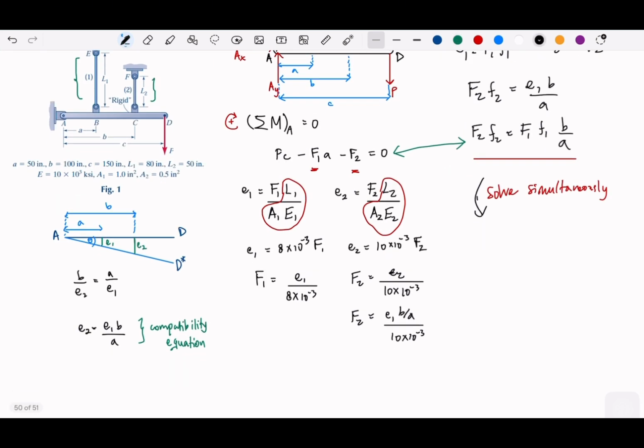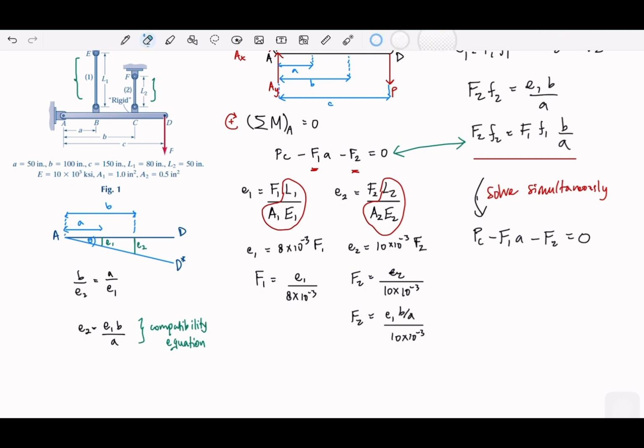So we get the P, let me write PC minus F1 A minus F2 is equal to 0.